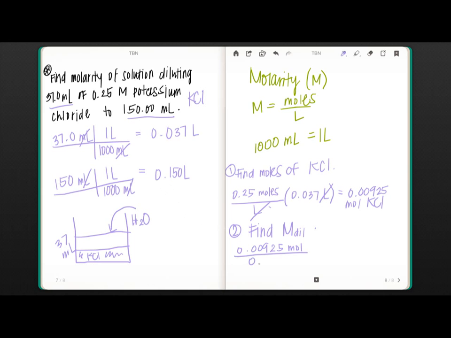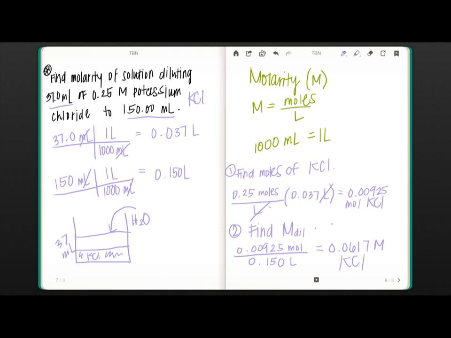So divide by 0.15 liters. Once you do that, you get the molarity of the diluted solution finally. After rounding, you should get 0.0617 moles over liter, or molarity of potassium chloride.